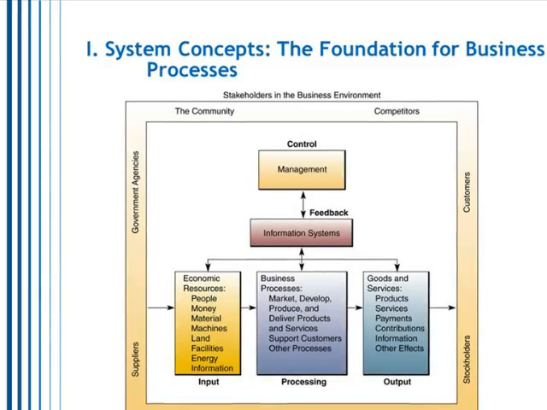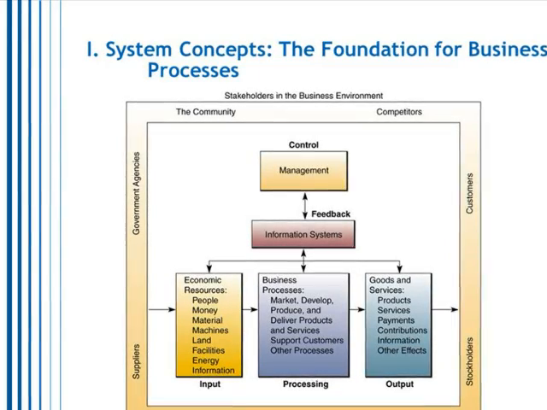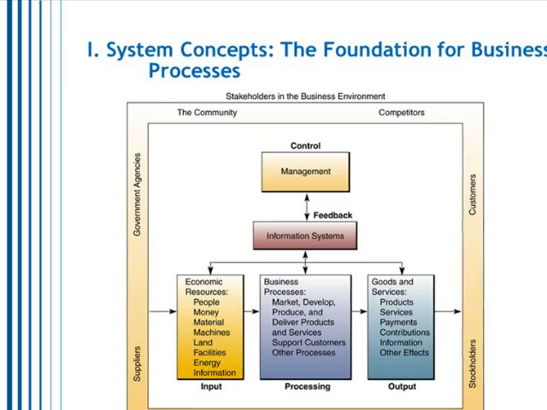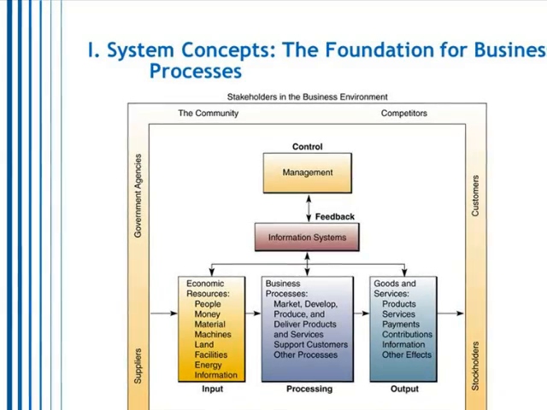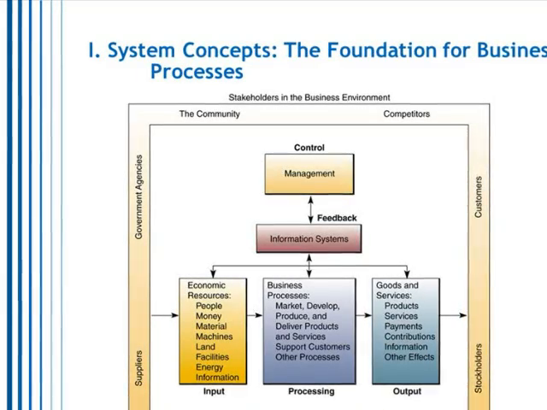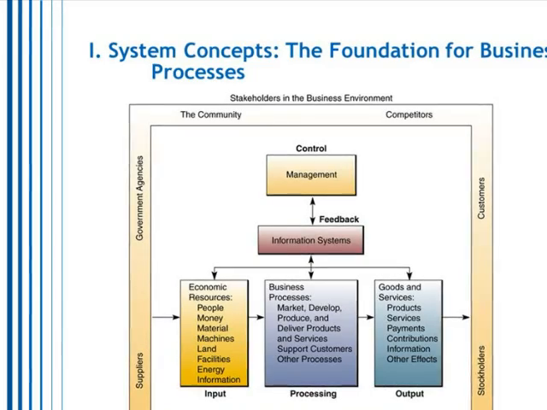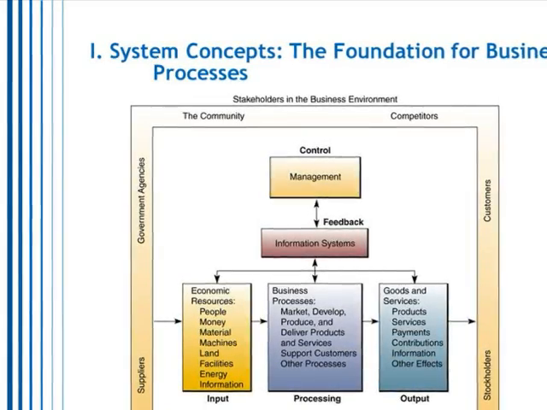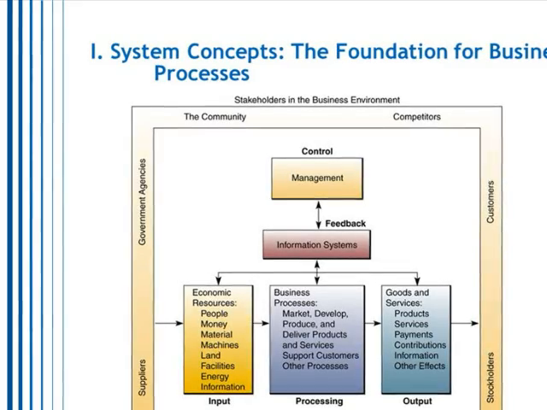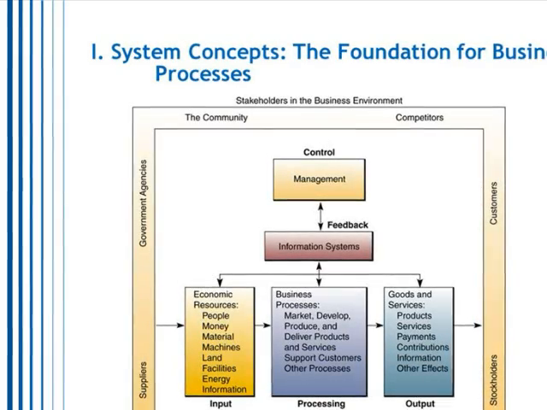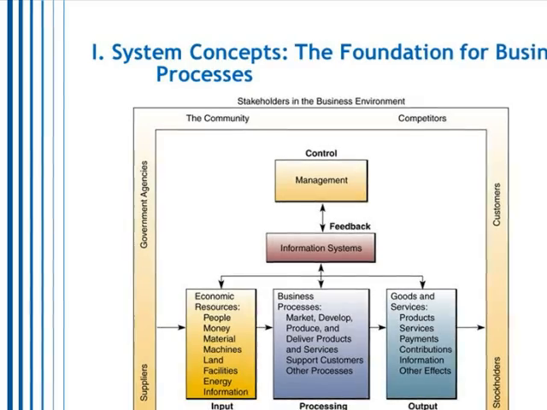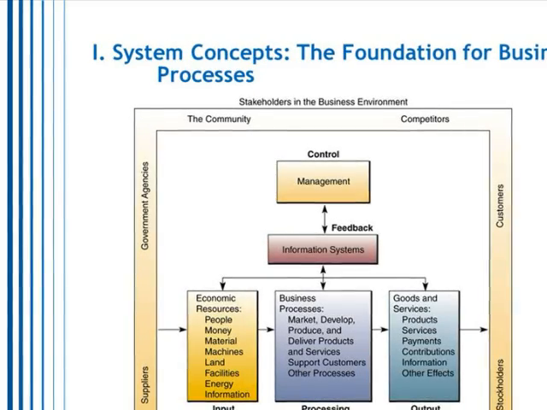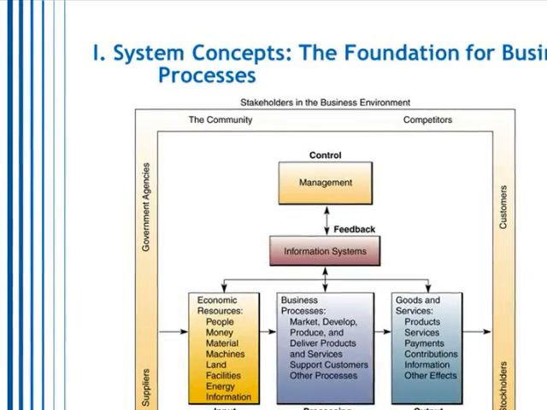Then down below, you'll see in the yellow, purple, and blue boxes, input, process, output. In the input section, we have people, money, material, machines, land, facilities, energy, information. In the processing section, we have business processes that can be marketing, development, production, delivery of products and services, supporting customers and other processes.